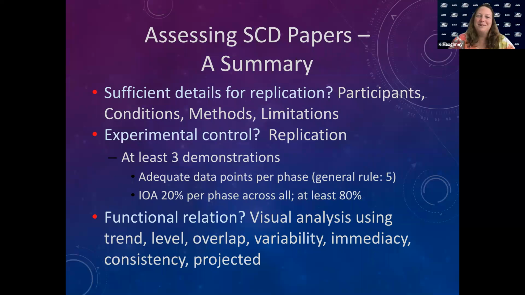Variability and immediacy, consistency, and then projected, where do we think the student's going to go, which is also what we call maintenance data. How are they maintaining their skills, and how might they be generalizing their skills beyond the intervention? All of those things are interesting data to put in for a study.